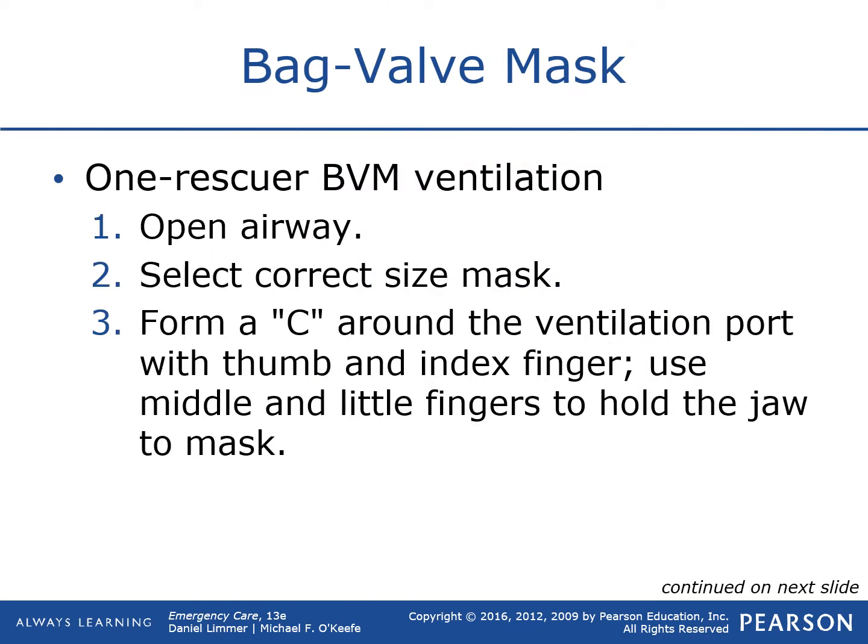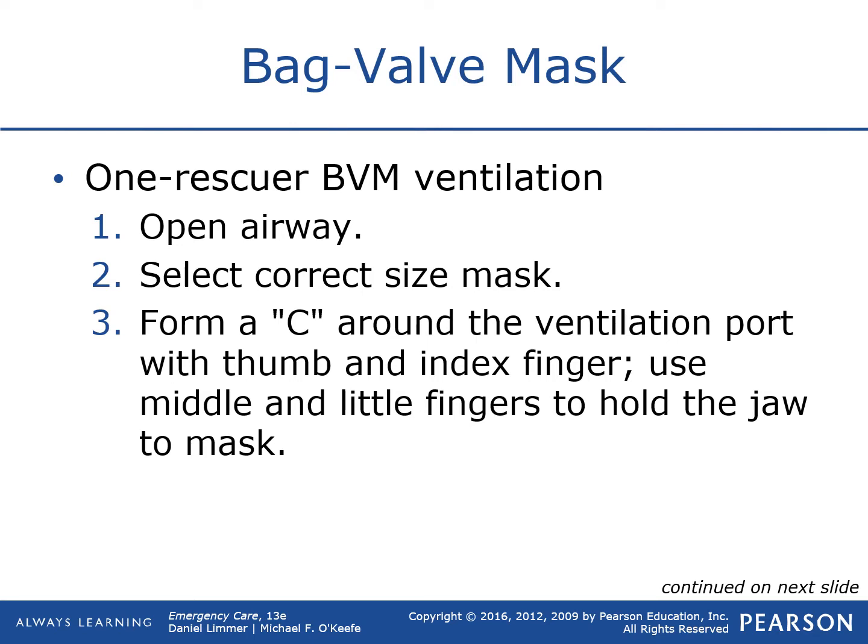So one rescuer BVM operation, this is, like I said, going to be most of the time what you're going to have to do. Again, a lot easier to show on a mannequin in person. We're going to open up the airway, get the right size mask, and then we use what's called the CE method.